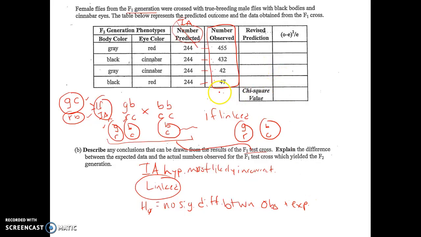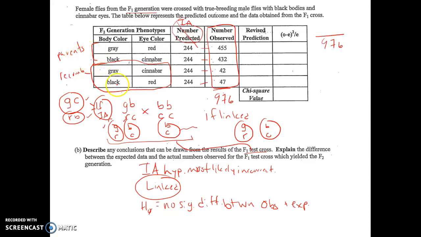To do that, I want to get my total number of flies, and if you do that math, it is 976 total flies. Of those 976 total flies, to get my recombination frequency, I'm getting these here. These are the recombinant offspring, and these are the ones that look like the parents.